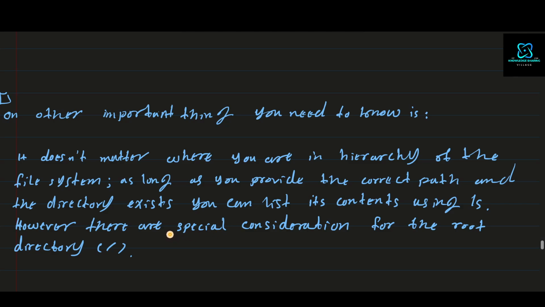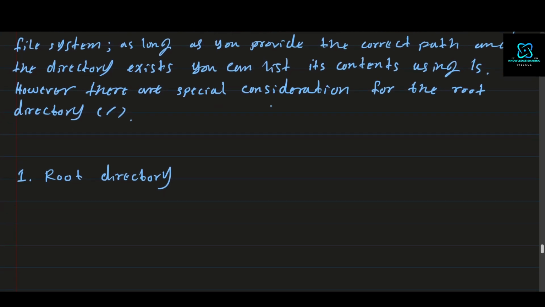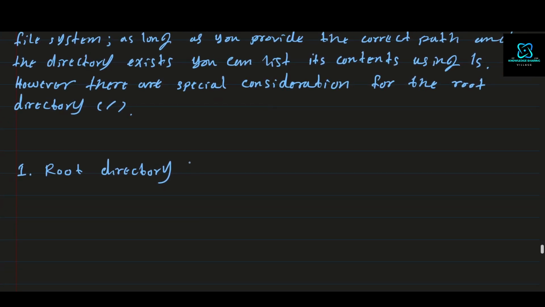However, there are some special considerations in regard to the root directory. Okay, and you may ask what those considerations are. Here we are going to talk specifically about the root directory, and this symbol is the shortcut that represents the root directory.